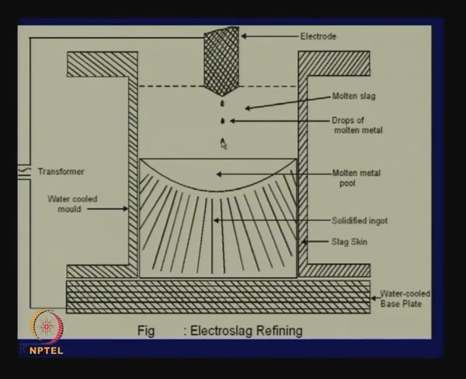Only the pure metal gets deposited here. So, slowly you get more and more pure metal as an ingot, whereas this is consumed, and impurities go into the slag layer. This is called electroslag refining, which of course finds applications in several metals, and I will discuss that when we come to that.